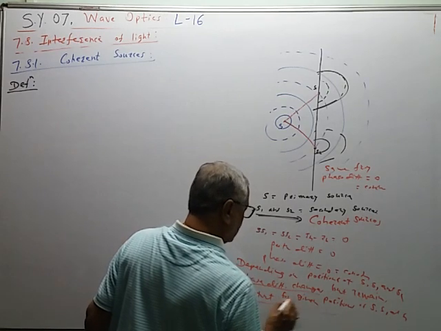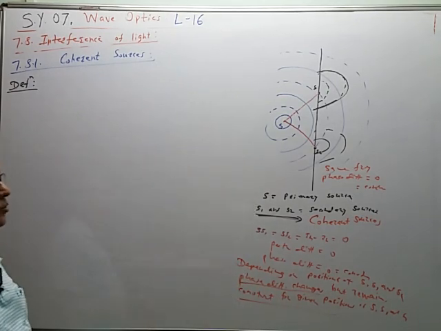Phase difference remains constant, and therefore S1 and S2 are called coherent sources.